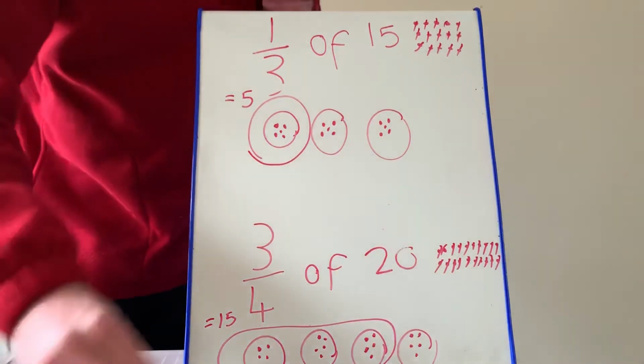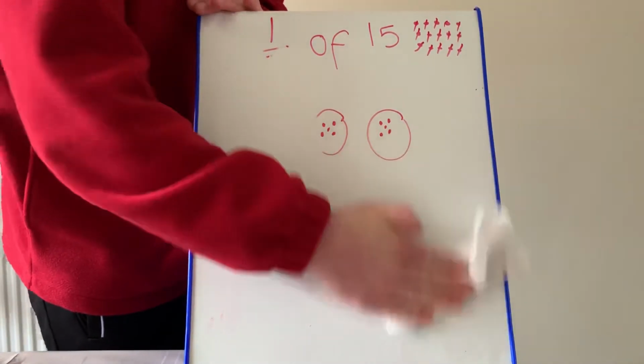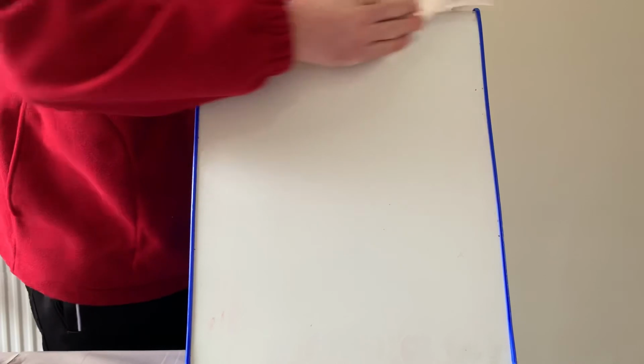Okay, and while I'm rubbing that out, I want you to get yourself ready to have a go at some questions. And what I will do is post the answers to those questions in the description.